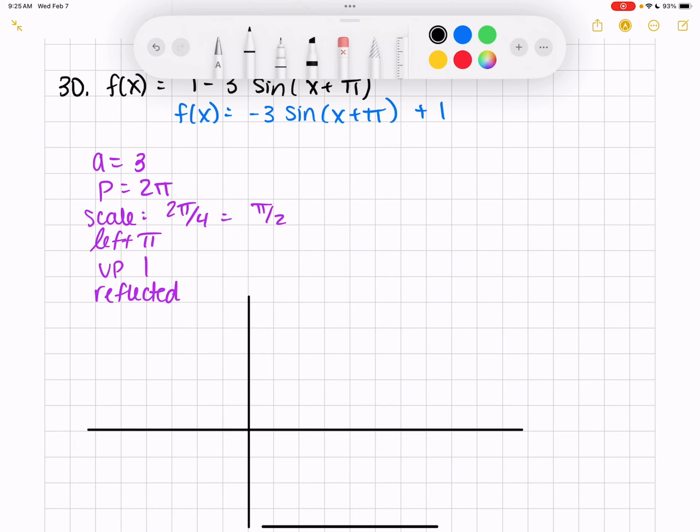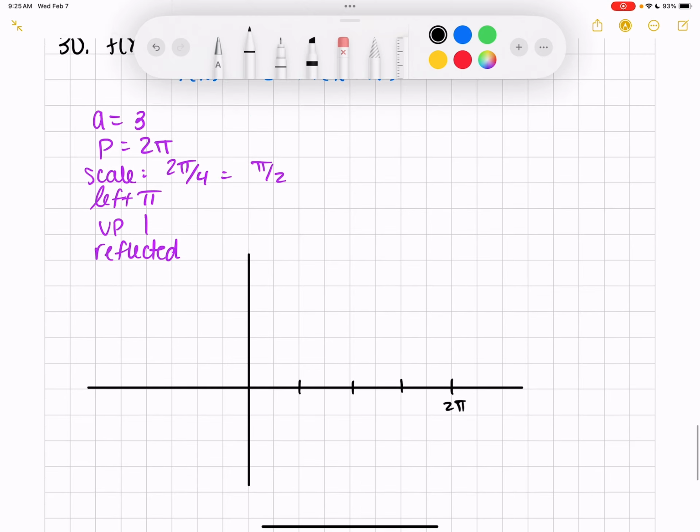So period is 2 pi. So I've got 2 pi there. I'll go ahead and put them all in here. And since I know I'm going to have to shift everything left pi, I'm going to go ahead and do 2 on the left side as well. So negative pi over 2 and negative pi. Amplitude is 3.